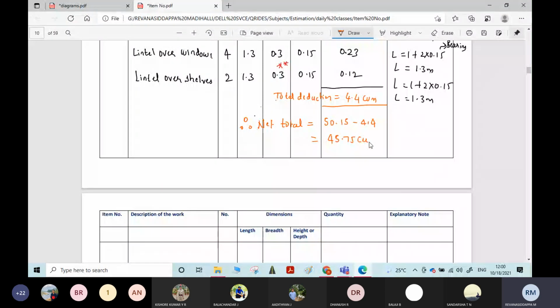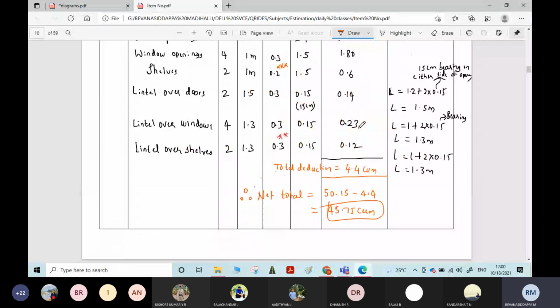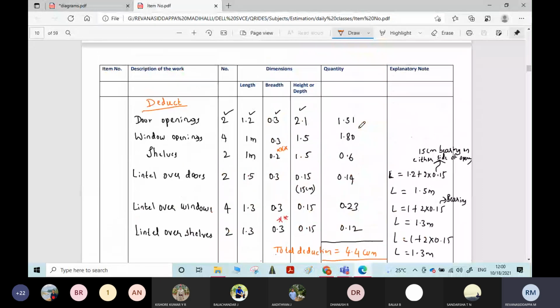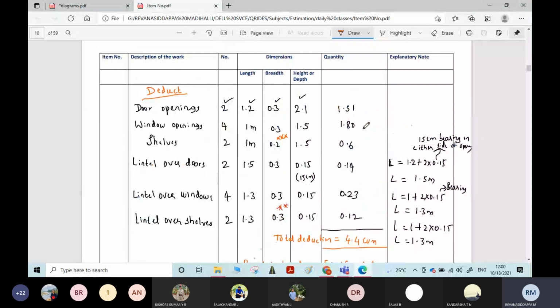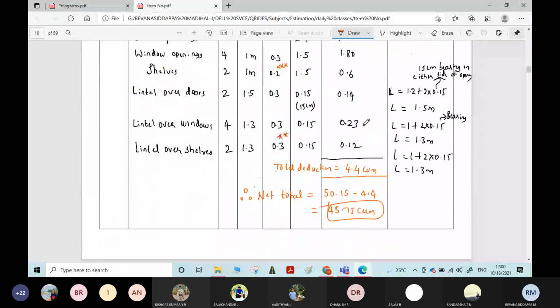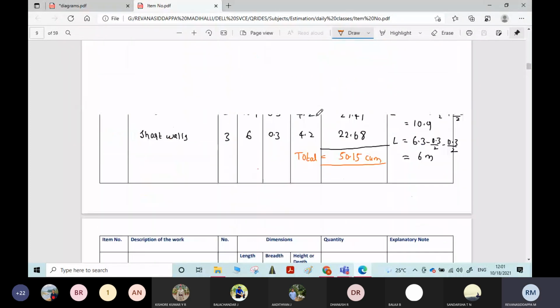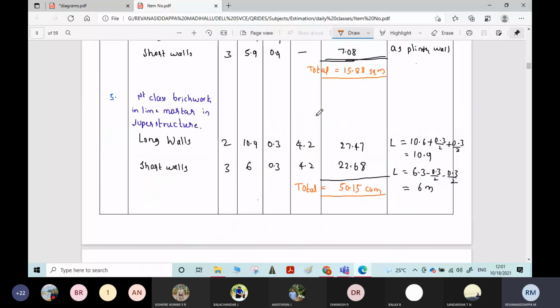I hope this calculation is clear for everyone. Still, if you have any doubts, you are open to ask questions. Any doubts, students? I think we have completed all the questions. There were 5 questions asked.